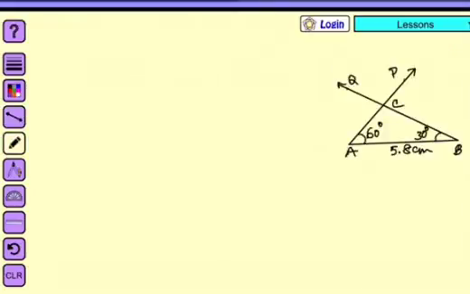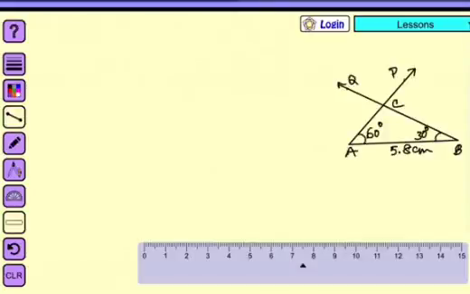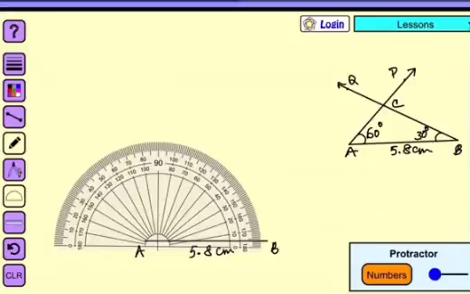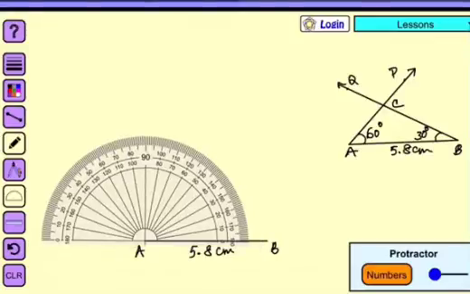Now for the construction, draw a line segment AB of length 5.8 centimeters. Now the second step would be at A, draw a ray AP making an angle of 60 degrees with AB. Okay, we'll have to mark 60 degrees. For that, we'll consider this as baseline.